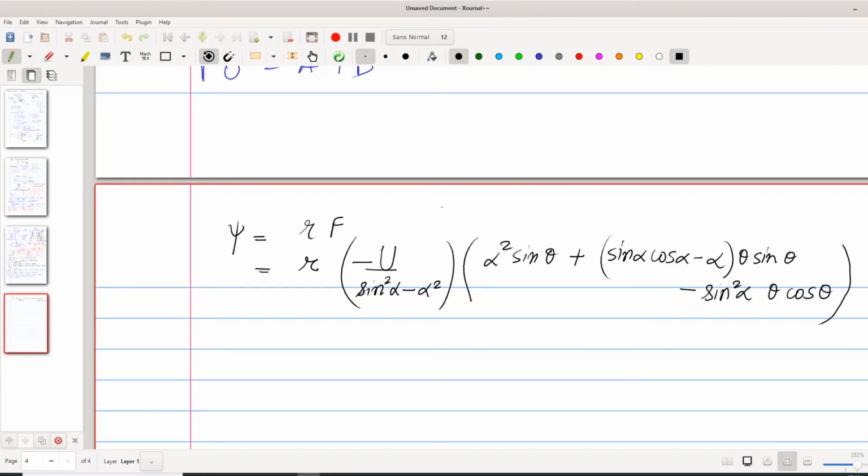So this is the basic prefactor. This is the sin theta term, this is the theta sin theta term, and this is the theta cos theta term. So this is the expression for psi.